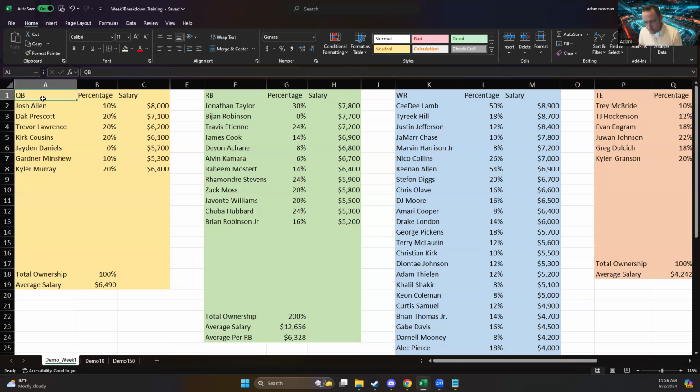So we didn't even get into the Bink machine on any of this. I call this your canvas. This is the place for you to clearly articulate how you want to break down a slate from an optimization standpoint, an exposure standpoint, a rostership standpoint, so that when you put it in the Bink machine, you tell the Bink machine what to do.